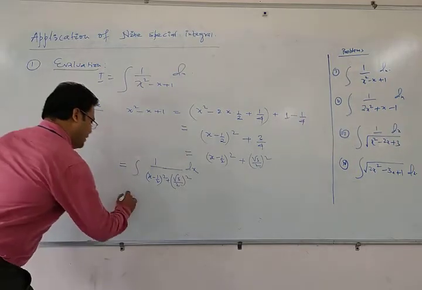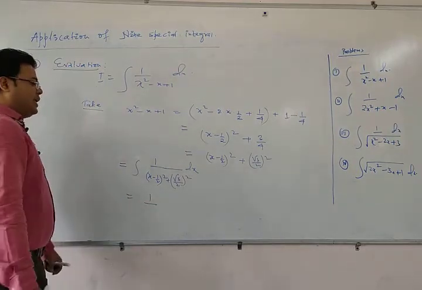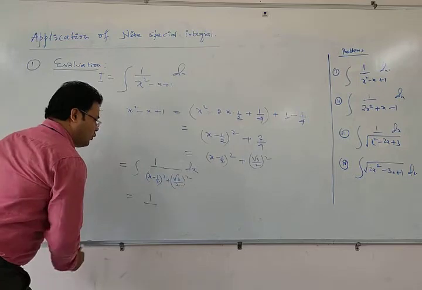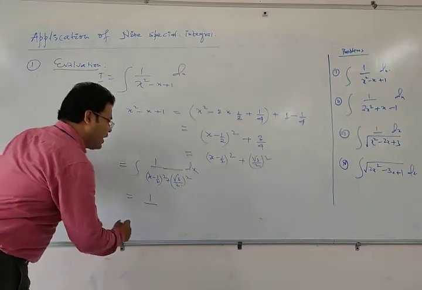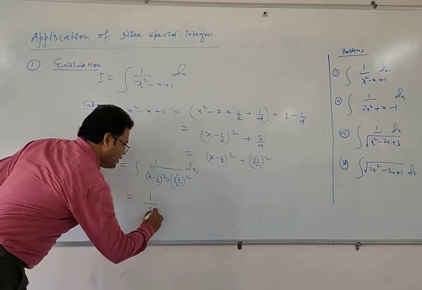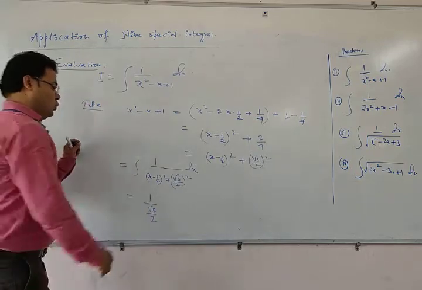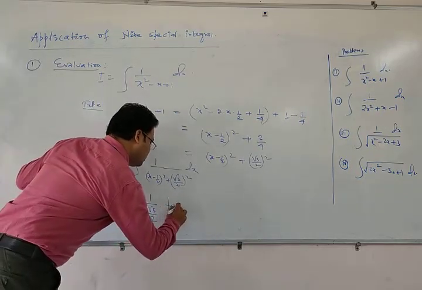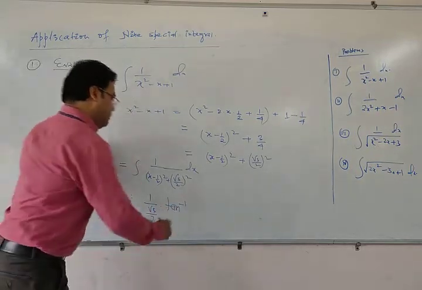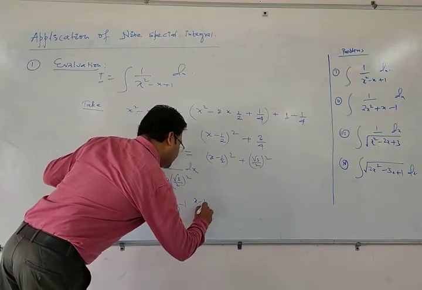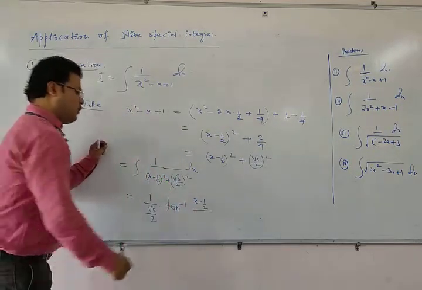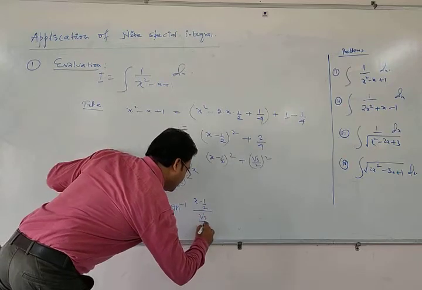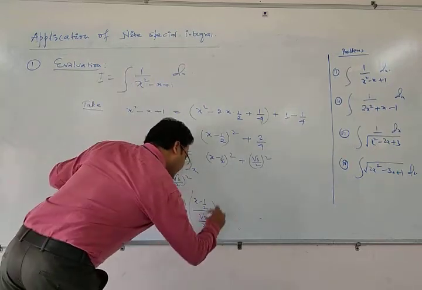So you can write 1 upon a in place of a. What will you write? You write root 3 by 2, and into tan inverse x by a. In place of x, you can write x minus half, and in place of a, you can write root 3 by 2, plus c.